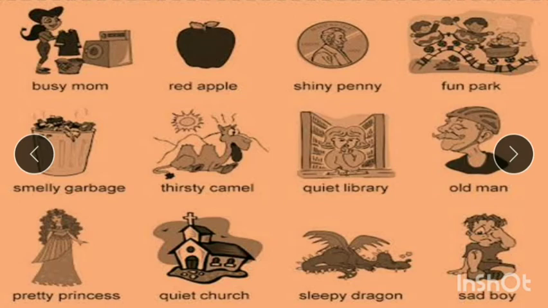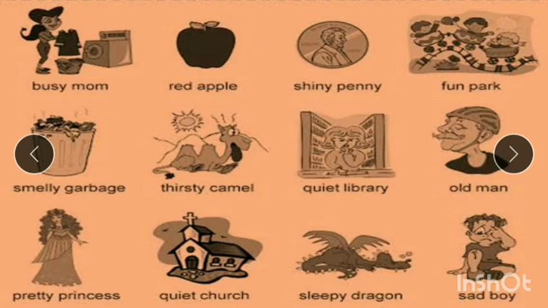Mom is the noun and the word busy describes the noun. Red apple. What kind of apple is it? A red apple. Shiny penny, fun park, smelly garbage, thirsty camel, quiet library, old man, pretty princess, quiet church, sleepy dragon, sad boy, like that.